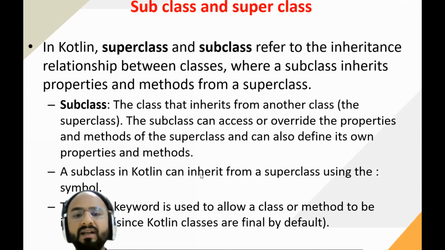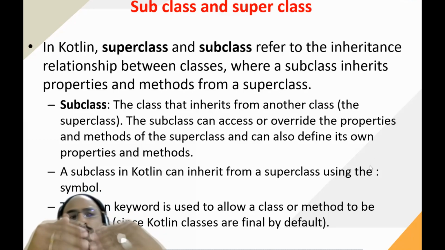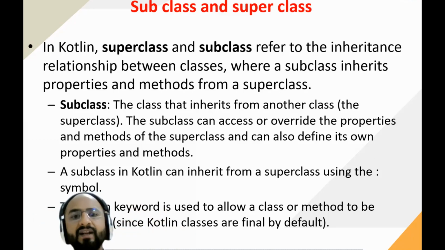A subclass in Kotlin can inherit from the superclass using the colon symbol. So if you want to access all the properties of the parent, you use this colon operator to inherit the properties of the superclass into the child class.